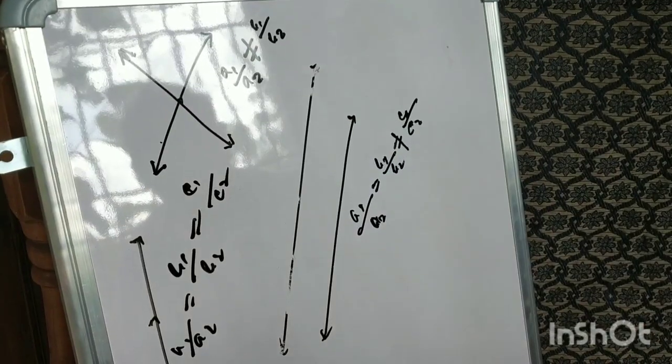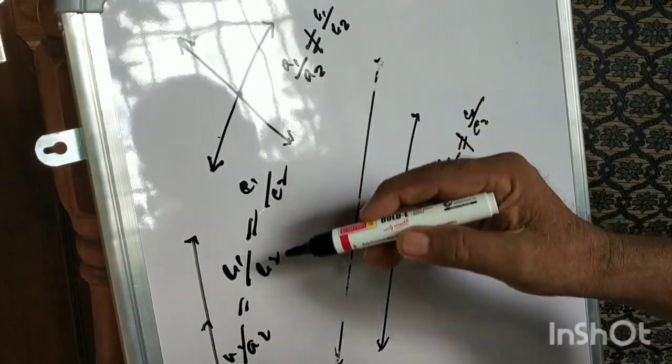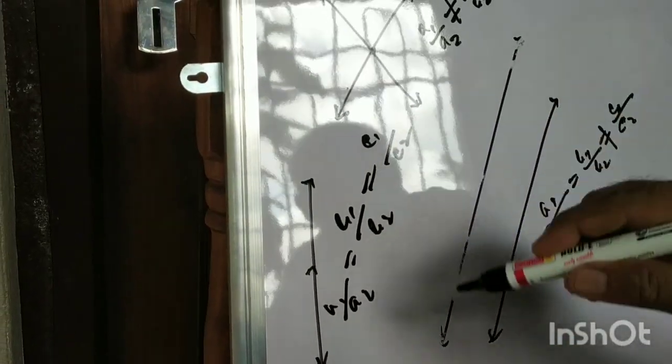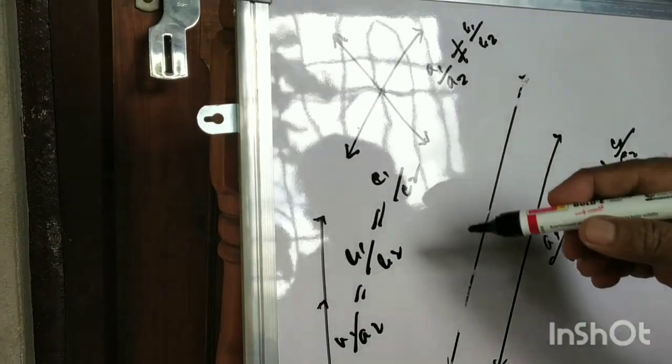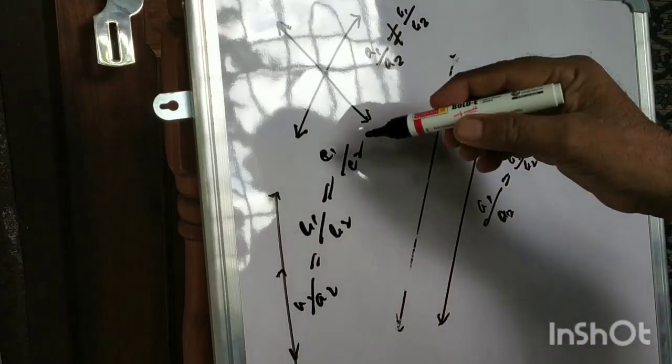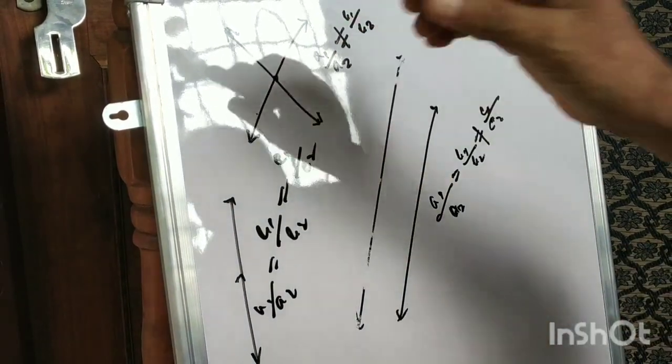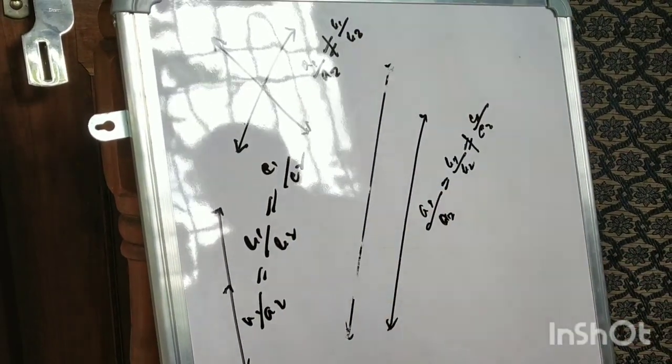Here that happens. But you see here the proportions of the coefficients of the variables bear an equal proportion with the ratio of the constants. So they intersect each other in innumerable points.